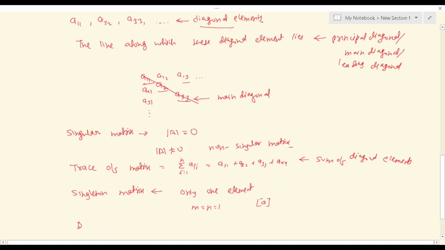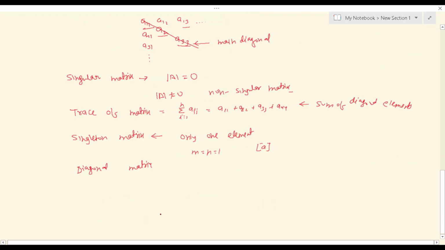Okay, then we define the diagonal matrix. This is also clear from its name. See, this is a diagonal element. This will have non-zero elements only along this principal diagonal, that is, the elements lying along this principal diagonal are non-zero, and all other elements are 0.